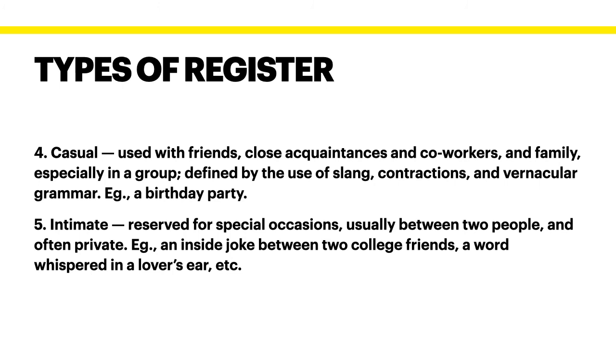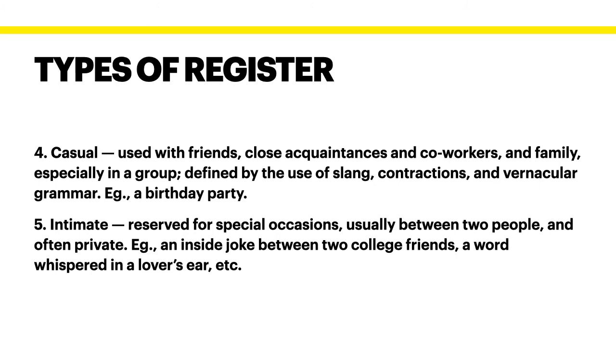Even your mother will not use that register with you every moment when she is talking to you. Now, most of the time she'll talk to you in a very casual manner. But if you are feeling ill and she is comforting you, or at certain special occasions, she will use that language with you. Or even with your friends, you will use that kind of intimate register only for special occasions.